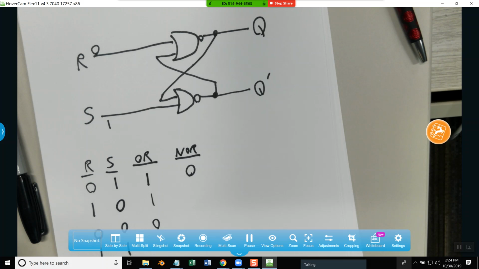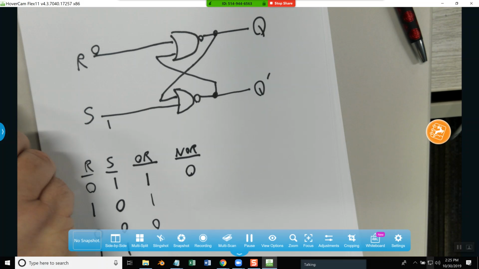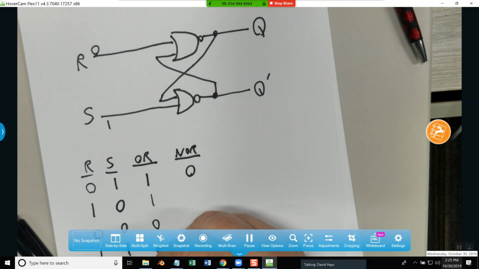Oh, I'm looking at their diagram wrong, because Q prime is after it flips it. Okay, so then our NOR 0 1 0.